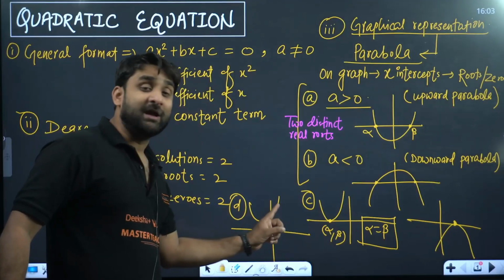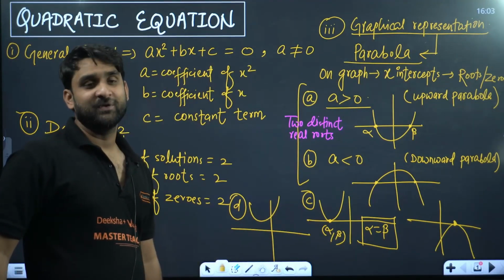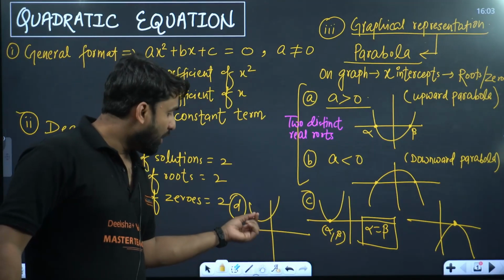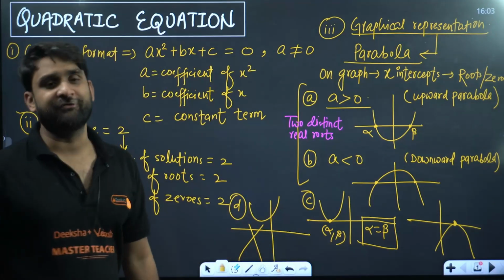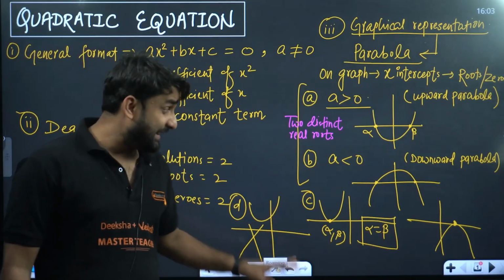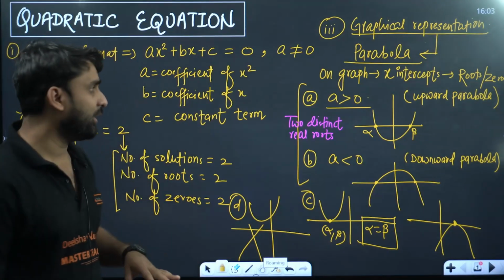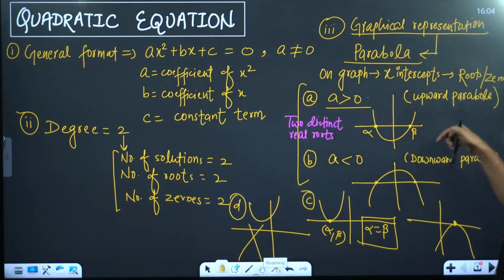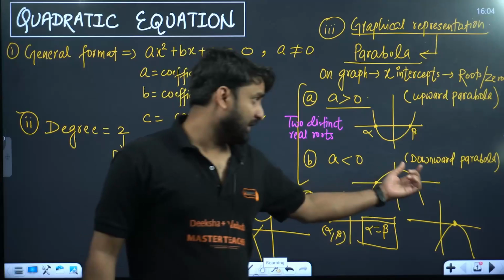Because this parabola is neither intersecting nor touching the x-axis. So this is not a correct representation of a quadratic polynomial. The correct representation of a quadratic polynomial is this and this. I hope this is clear to you all. This is very important, champion. Please keep it in mind. If a is greater than 0, the parabola will have upward opening, and if a is less than 0, the parabola will be downward opening.